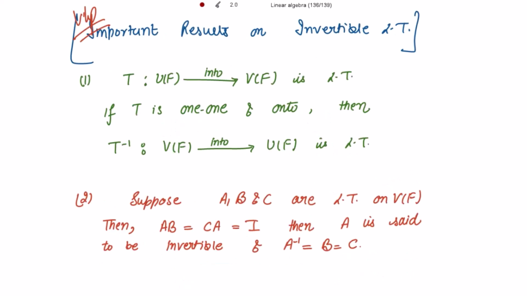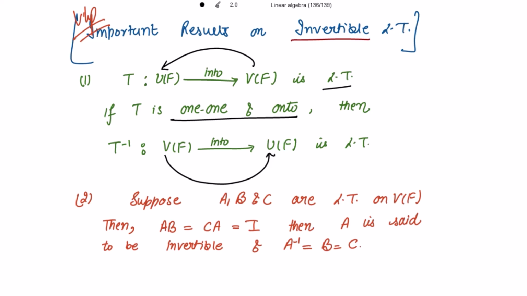Now the important results on invertible linear transformations. Number 1, if T is a linear transformation from U into V, and if T is one-one and onto, then T inverse will be a linear transformation from V into U. Right? Second, suppose A, B, C are linear transformations on V(F).